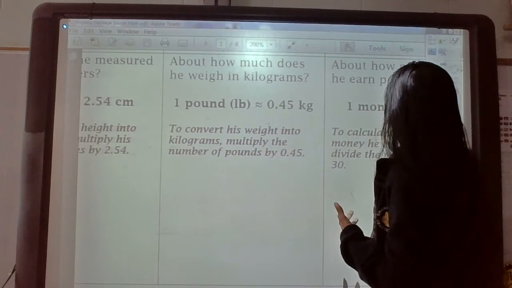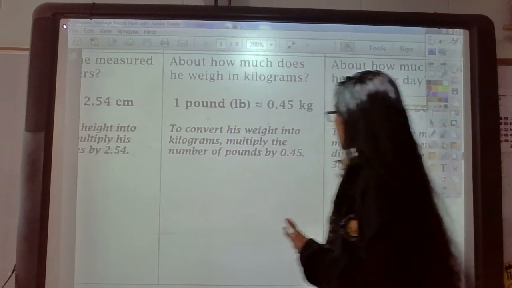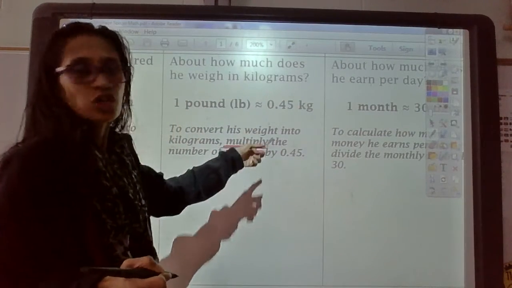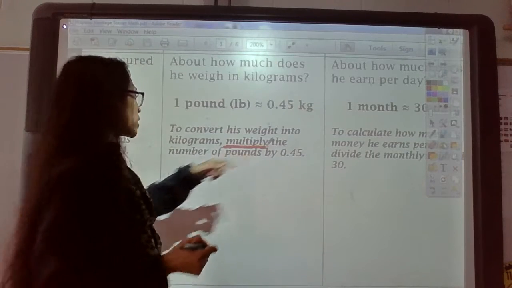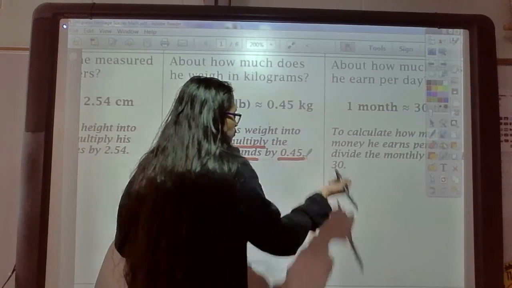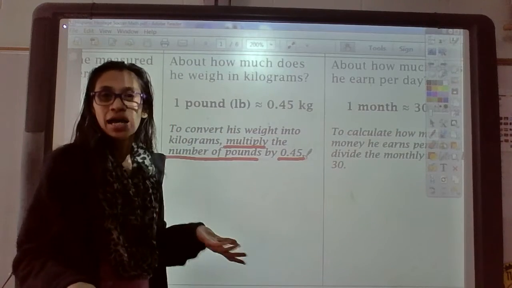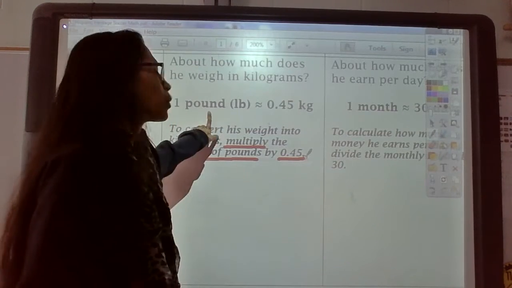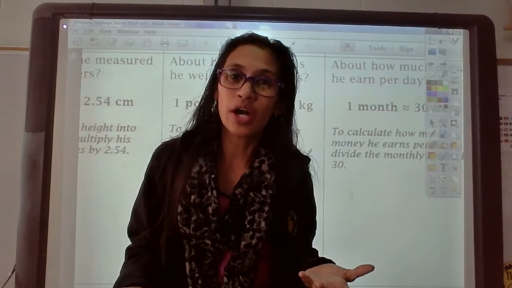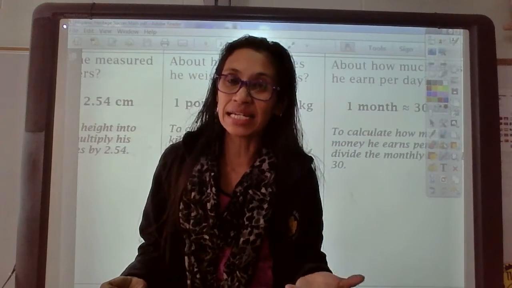So what operation are we doing here? We are multiplying. Bam, look, I'll give you the hint right there. We're multiplying the what? The number of pounds by 45 hundredths. Now, we know the pounds. Okay, not 1 pound. Look back at the top. He was how much? 176 pounds.